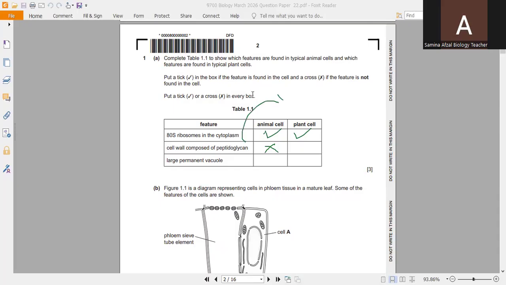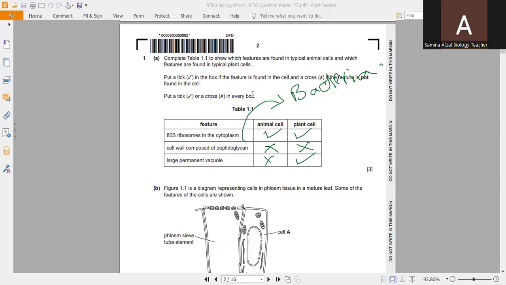The peptidoglycan cell wall is found in bacteria, which is a prokaryote. Third one is the large permanent vacuole. Many small vacuoles are present in animal cells which are not permanent, but in plant cells, a large single permanent vacuole is present.